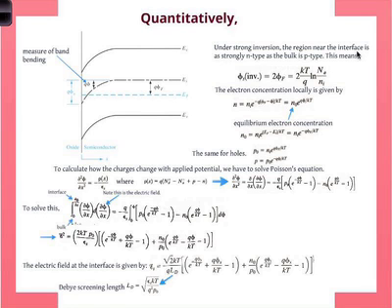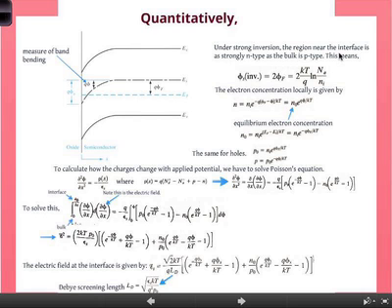That's a reasonable point of reference to make. So under strong inversion, we claim that the region near the interface is as strongly N-type as the bulk is p-type. This essentially means that this difference at the interface, phi s, the difference between the intrinsic level far away in the bulk and the intrinsic level near the interface, is given by 2 times phi f, where phi f is this difference here.